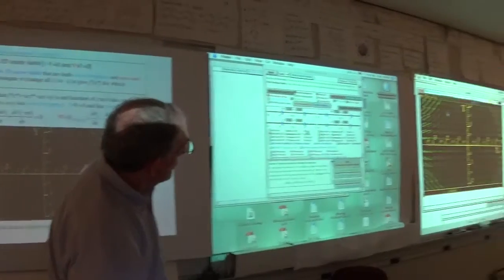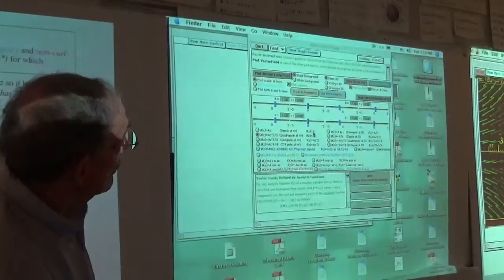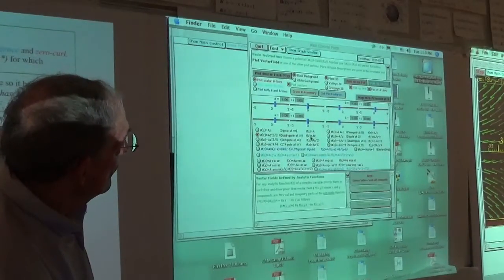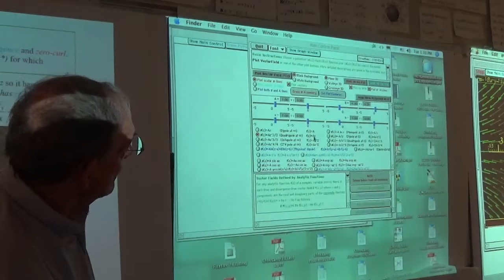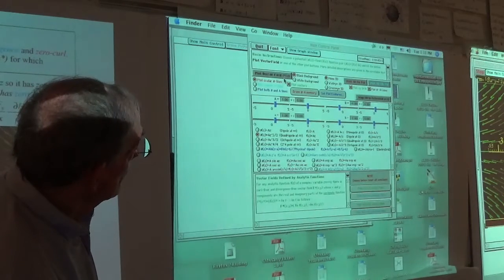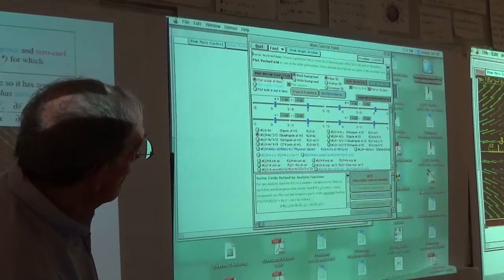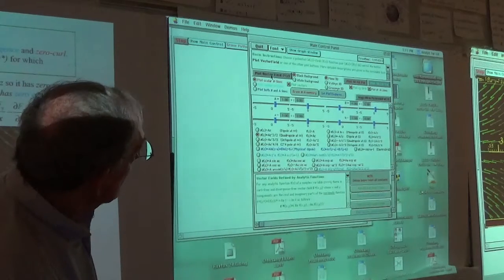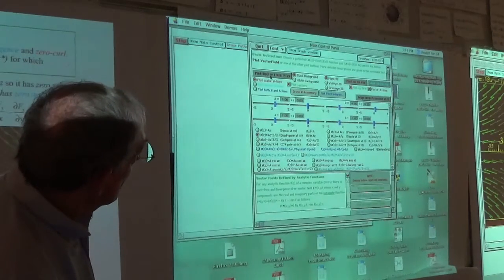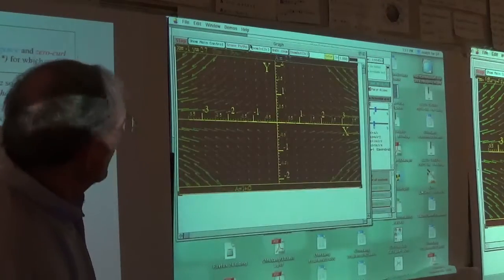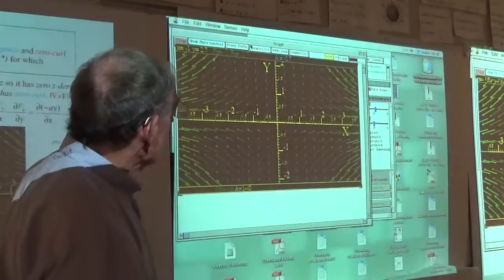Force field, constant, well that's just arrows all pointing in the same direction. This one right here, f of z equal a z, okay? That's what we're drawing here. So I'm just going to go ahead and plot the darn thing. And let's see, there we go. Okay, it woke up. All right.